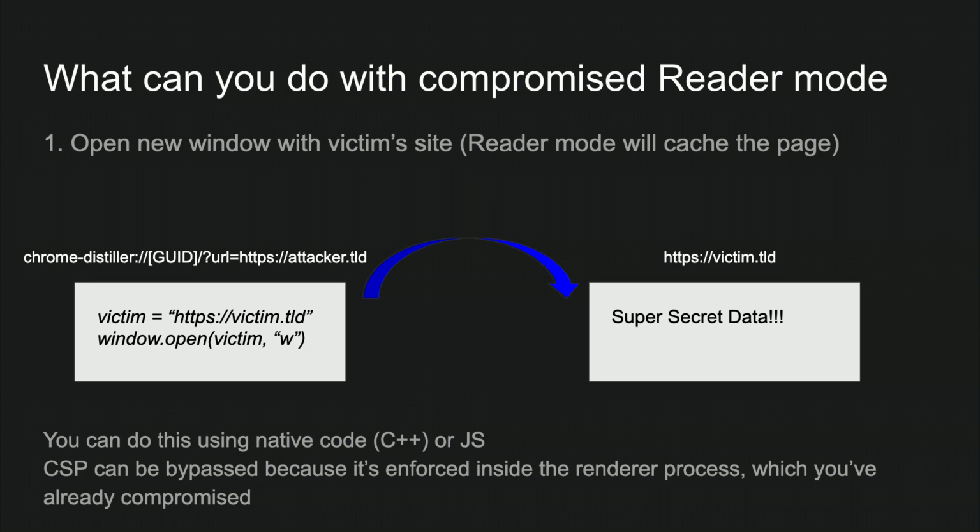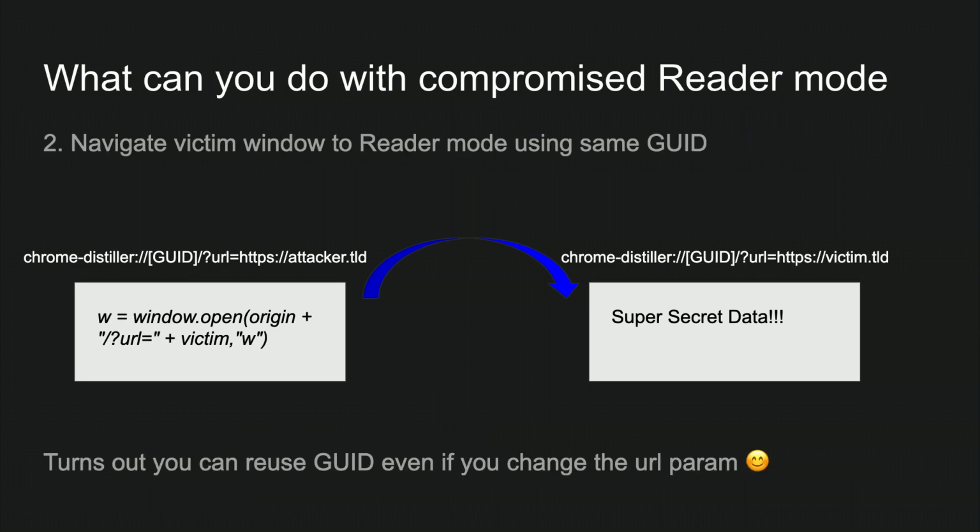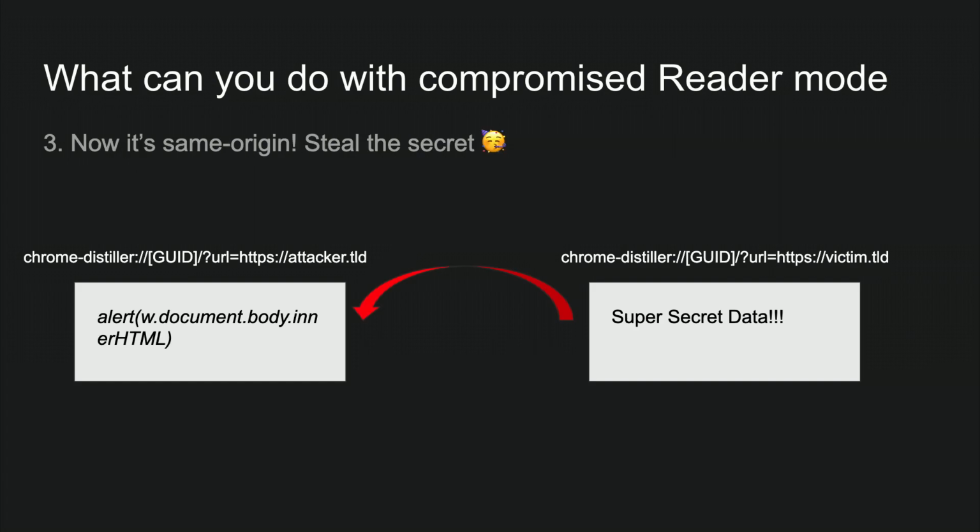Open the message using JavaScript because you can already execute script after render compromise. Then you redirect the victim page with the same GUID and that victim URL parameter, because it's already cached, they will load with the same GUID and same scheme. So now it becomes same origin. And then after that, you can steal data of the cross-site page.